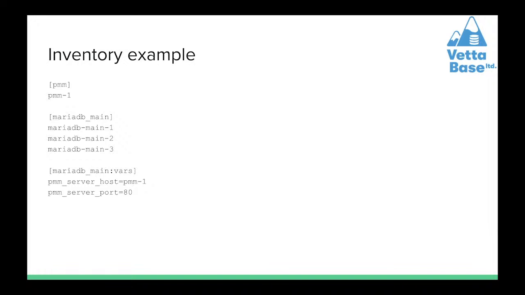This is not the most common place to define variables, but I think it is a good idea to define certain types of variables here, particularly variables that are server names, server addresses, ports, because these things are very, very related to an inventory of servers.